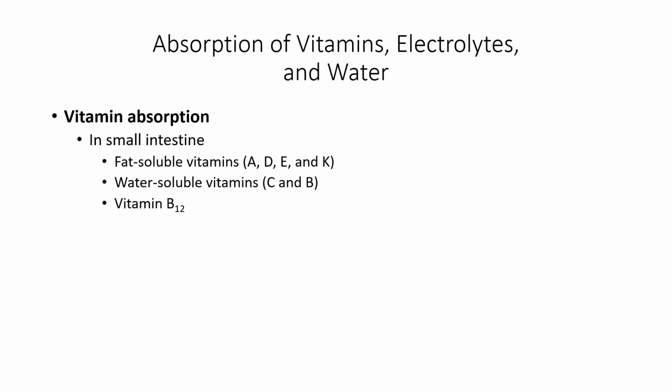We're going to talk more about the vitamins in the metabolism and nutrition chapters. However, I do want you to know the vitamins that are classified as fat soluble versus those that are classified as water soluble. And I've listed them on the screen here for you.